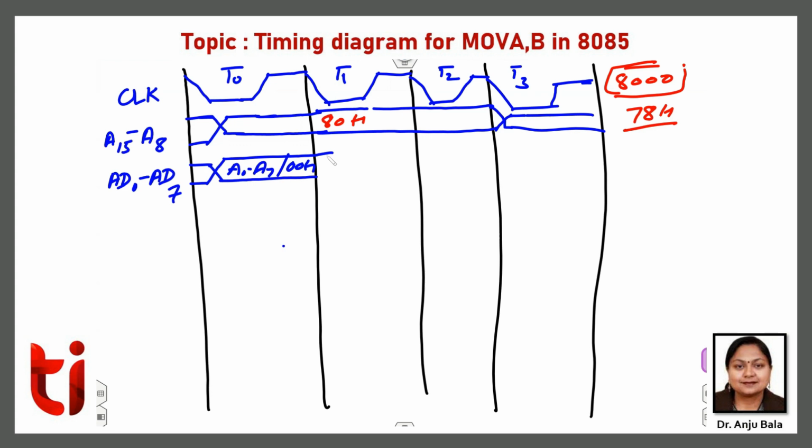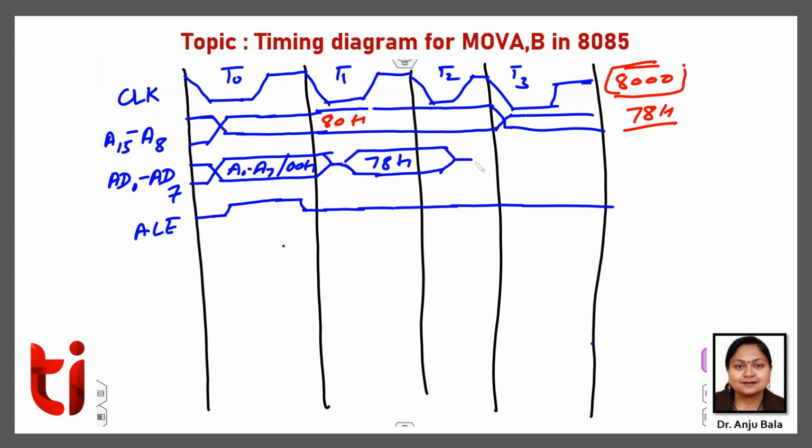So after the 1 T state, after some delay, this pin is also used to read the data, or the opcode, that is 78H. And it depends upon the ALE signal. When this signal is 1, it is used to read the low order address. When this signal is 0, it is used to read the opcode.